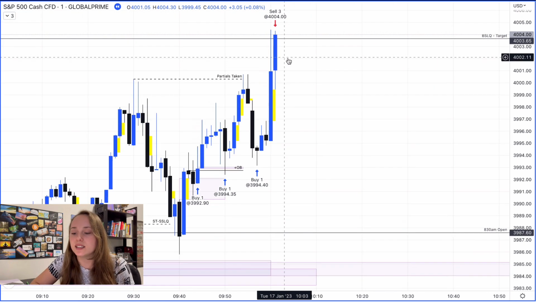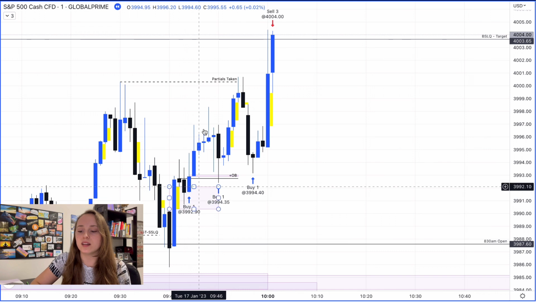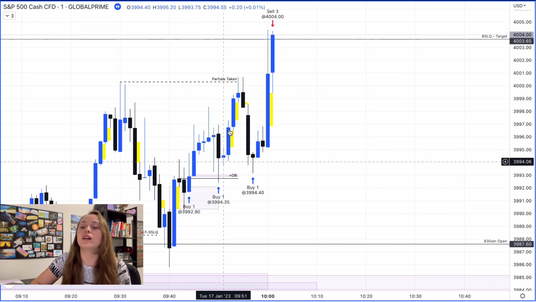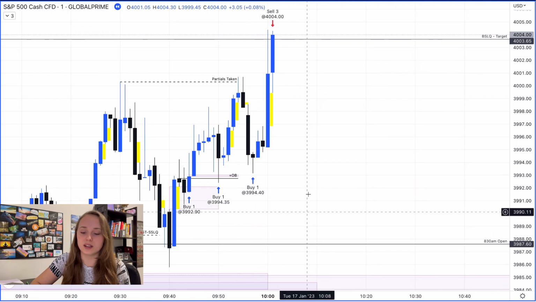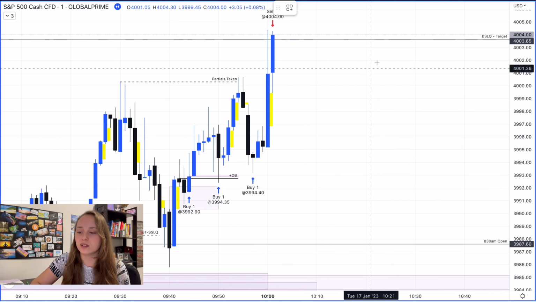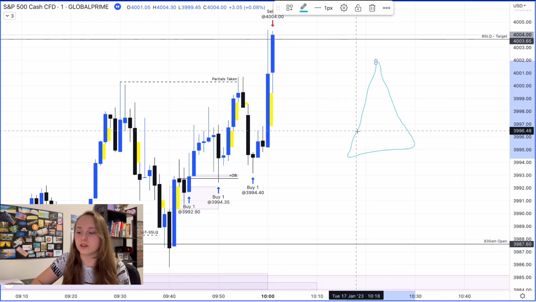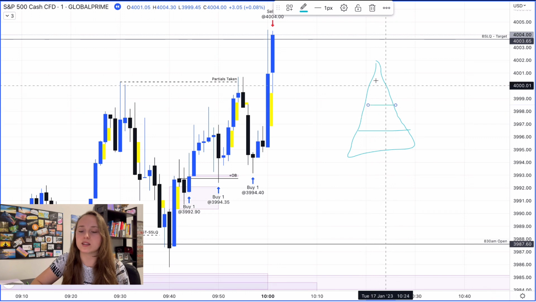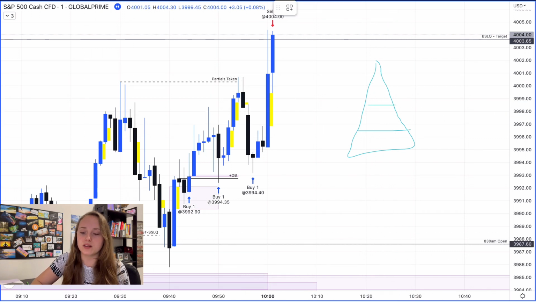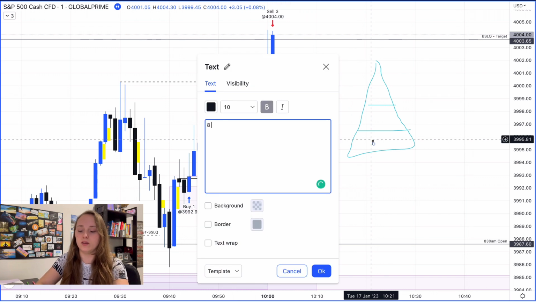How he stacked his was he bought 8 here, and then he bought another 4, and then he bought 2 more. So you kind of look at it like a triangle. You have your first positions and your second positions and your last position. You want to have this one at 8 contracts, well, this is just what he did.